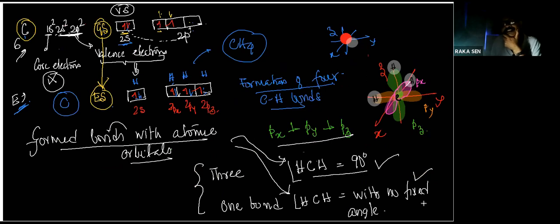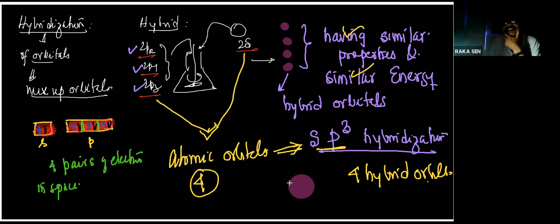So I have taken this, say, for example, a central carbon atom. And this central carbon atom has now got how many pairs of electrons surrounding it? 1, 2, 3, 4. That means I have got 4 pairs of electrons across it.